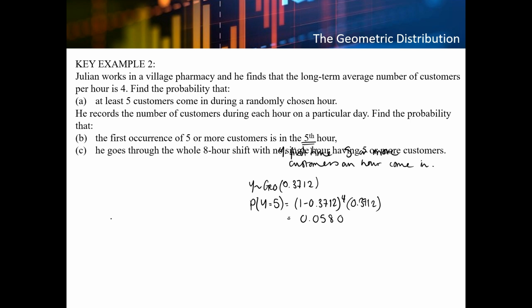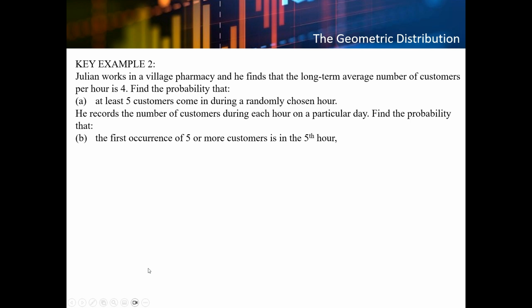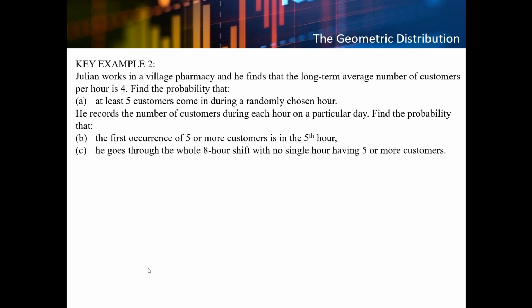Last part, he goes through a whole 8-hour shift with no single hour having 5 or more customers. So that's what's the probability that he goes beyond 8 hours before this thing happens. Well, that's the same as the probability that Y is greater than or equal to 9.